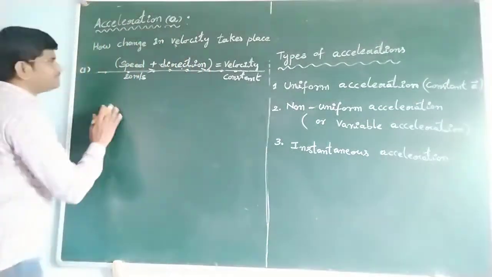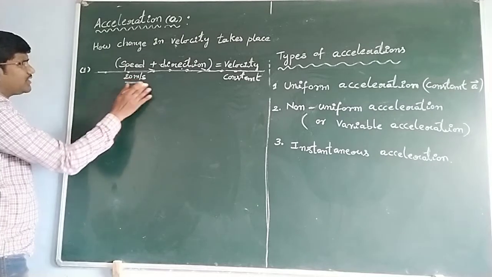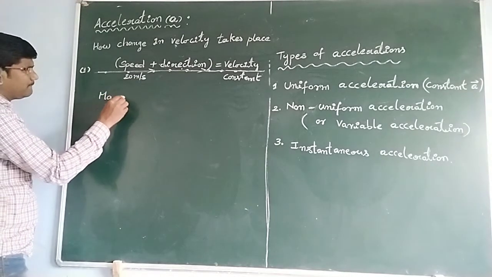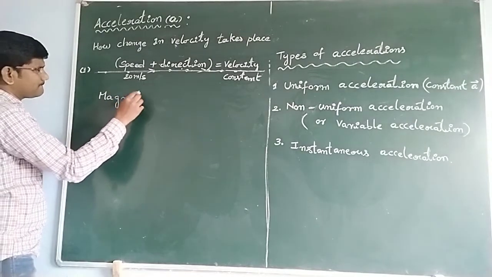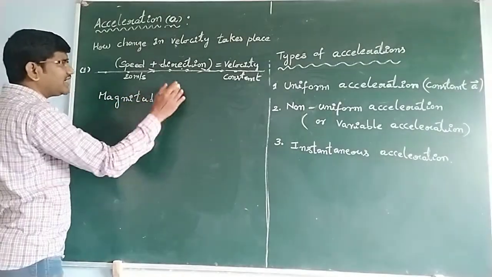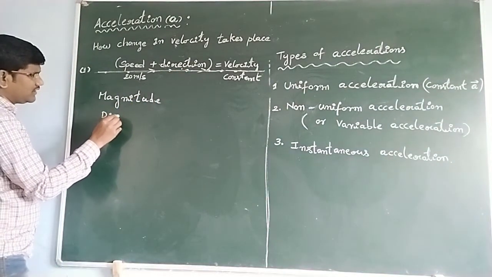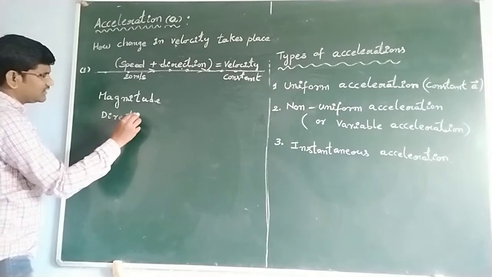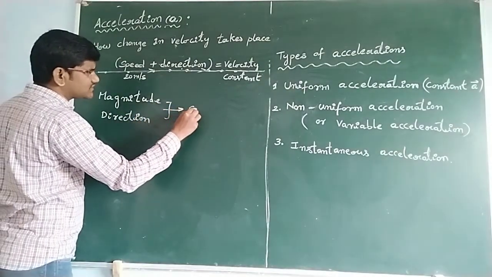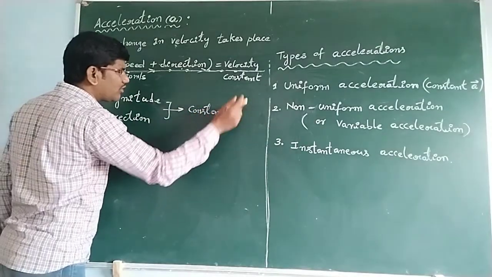Okay, so see here, the magnitude is constant, that is 20 meters per second, and the direction is also constant. Magnitude and direction, both are constant.